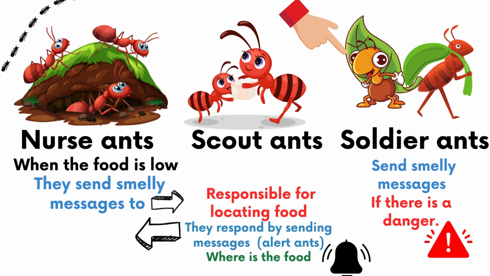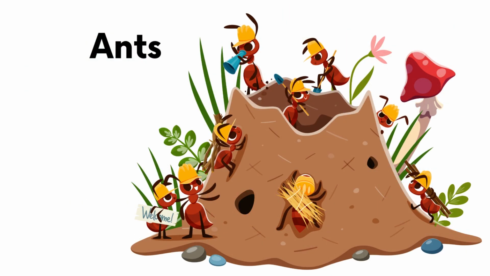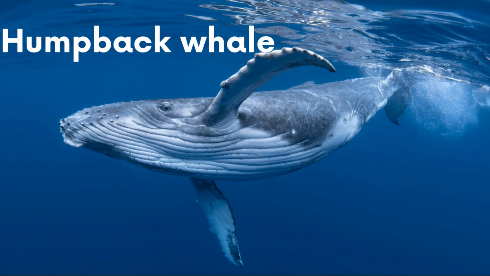Soldiers are responsible for sending messages to alert the ants that there is danger. So here, the communication between the ants depends on smelly messages, the sense of smell. So they should have a good sense of smell.